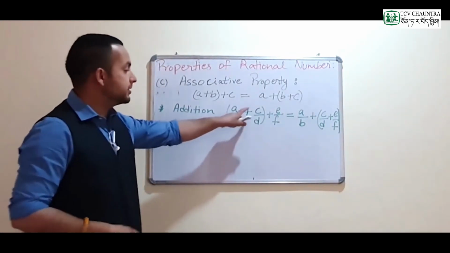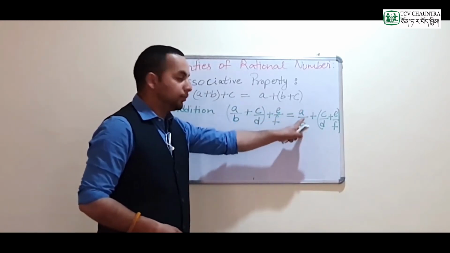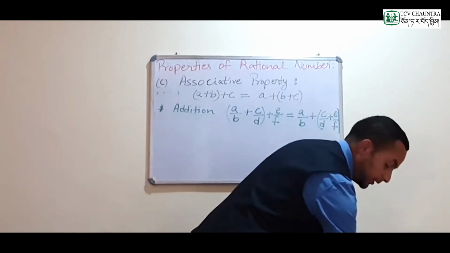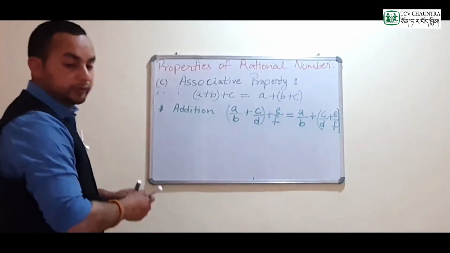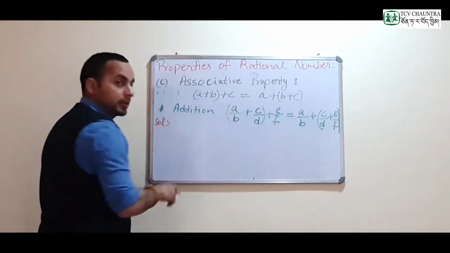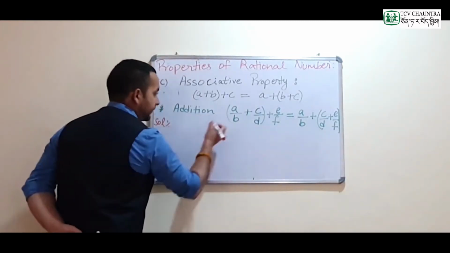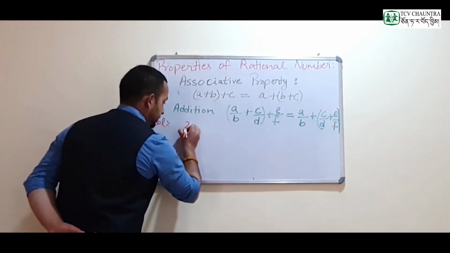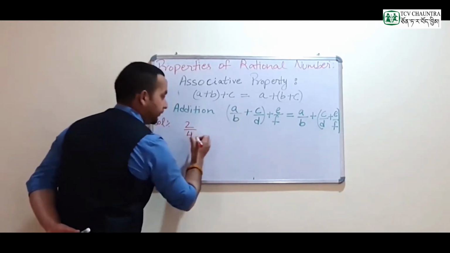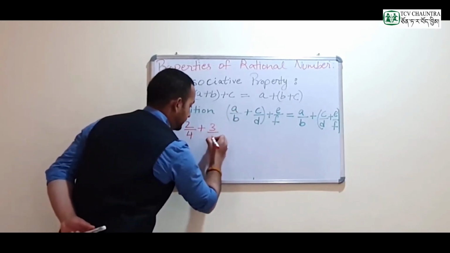(A upon B + C upon D) + E upon F equals A upon B + (C upon D + E upon F). General formula. We are going to take one example. In place of A upon B we substitute 2 upon 4. In place of C upon D we substitute 3 upon 4.